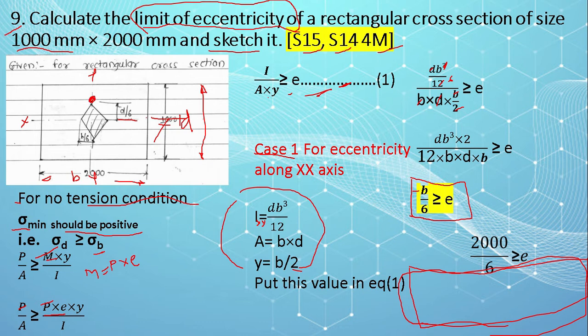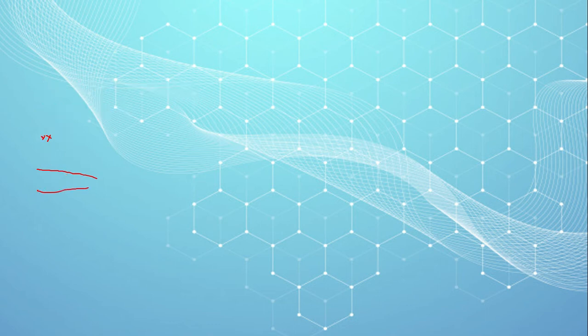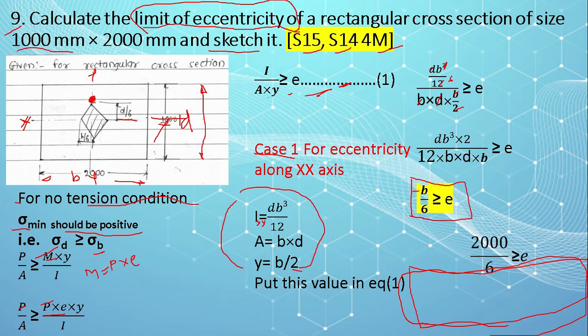So the moment of inertia of this section about this x-axis, the formula for that, Ixx is equal to B D cube divided by 12, the area remains the same, breadth multiplied by depth, and y is, in this case the extreme fibers are these two.